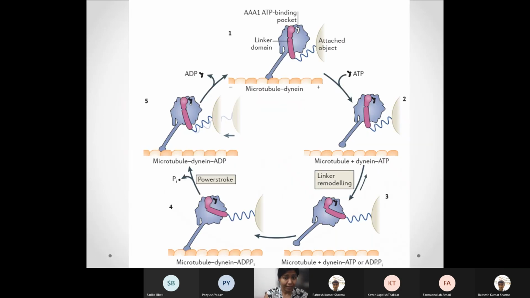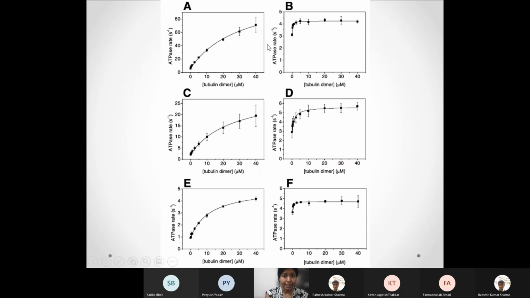It's tightly associated with microtubules, but its ATPase activity is very, very low. You look at the y-axis here, compare it with the y-axis here for wild type. So very low, and it does not increase. Even if it picks up, it stagnates. That is, the ATPase activity is almost dead for the P1 mutant.